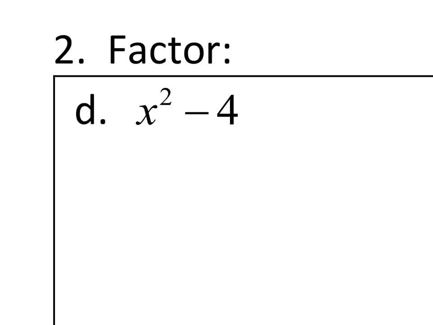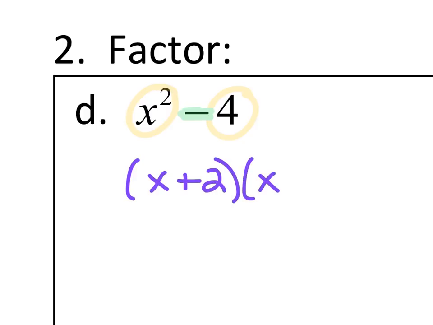So, for example, x squared minus 4 is pretty much the reverse of the problem that we gave you in letter C. Notice that you have two perfect squares, and they're separated by a minus sign. So you've got a 2-term polynomial, perfect squares for both terms, and they're both separated by a minus sign. And so your answer is going to be x plus 2 times x minus 2.